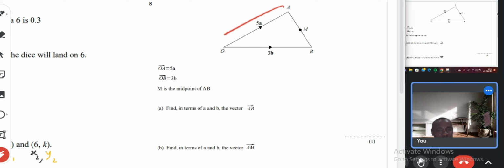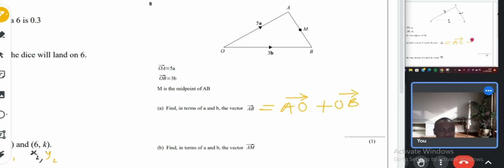So what is it? Go ahead, I'm listening. Minus 5A. Interesting. Because O to A, or rather A to O, is minus 5A, then you do O to B. You want to come from A to B, you go through known paths or known routes.